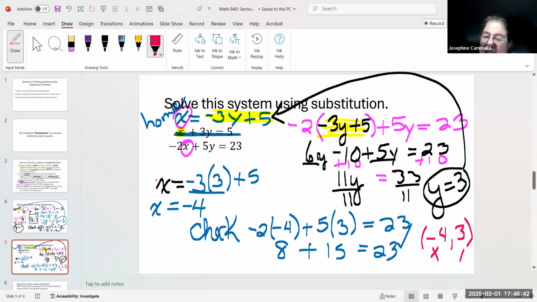It's x, comma, y. This is my answer for the solution.